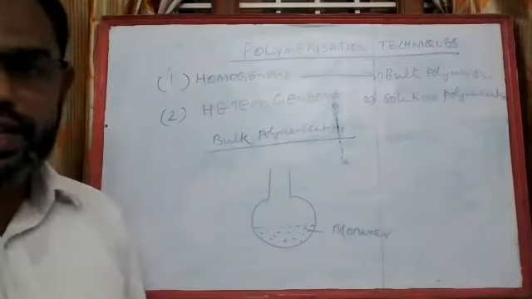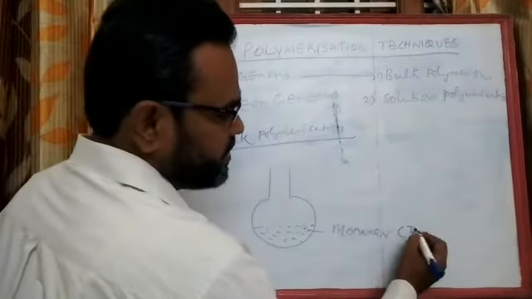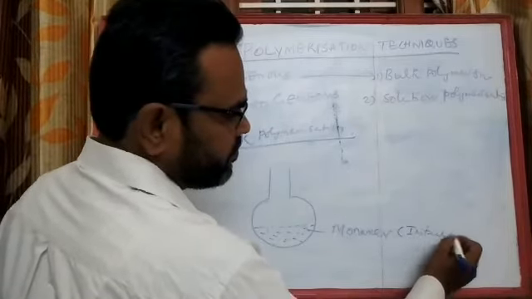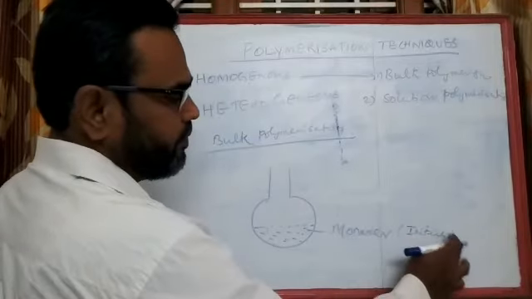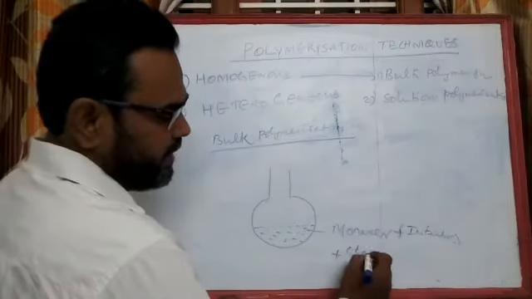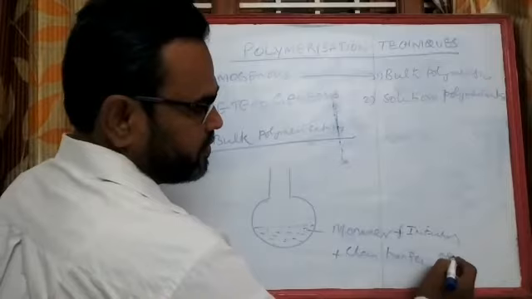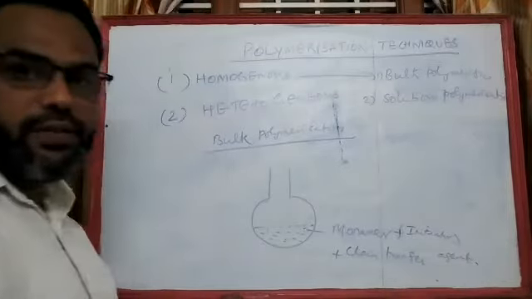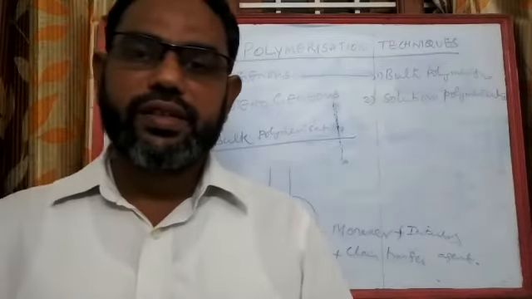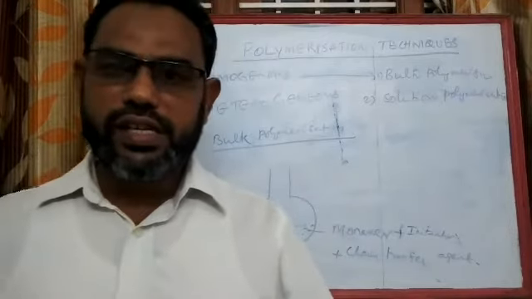The initiator is dissolved in the monomer, and the chain transfer agent is also dissolved in the monomer. So all three, the monomer, initiator and chain transfer agent, form one single phase.